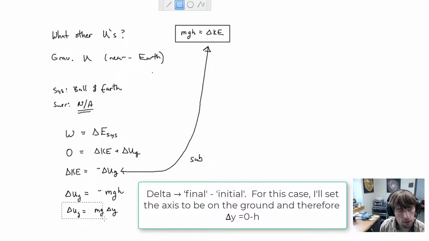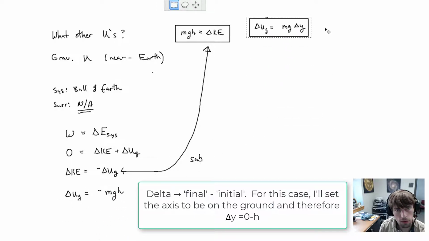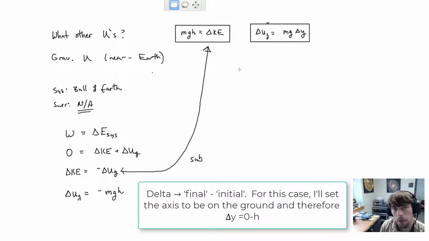So this would be the gravitational potential energy close to the surface of the Earth: mg delta y, or mgh if you will. Probably sounds familiar anyway. Good? Okay.